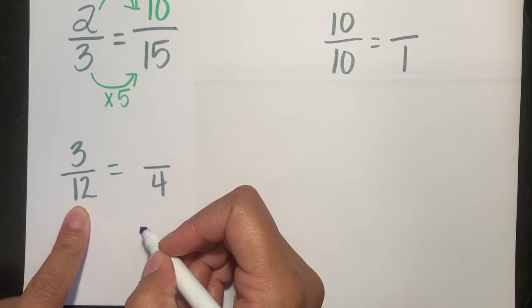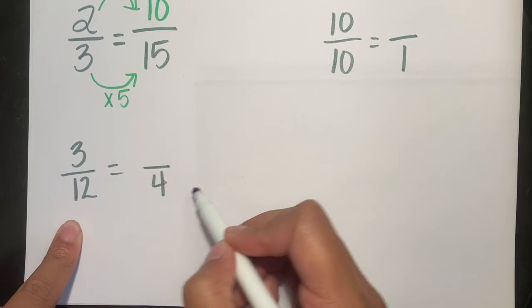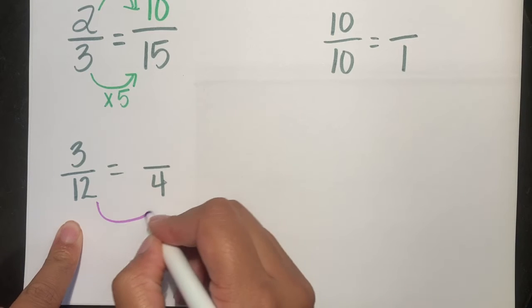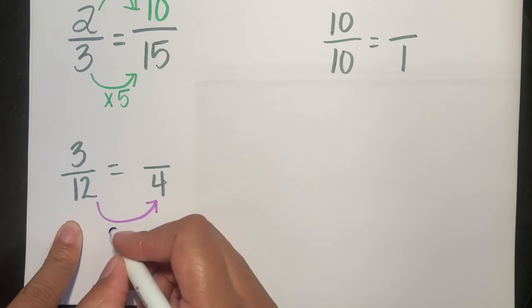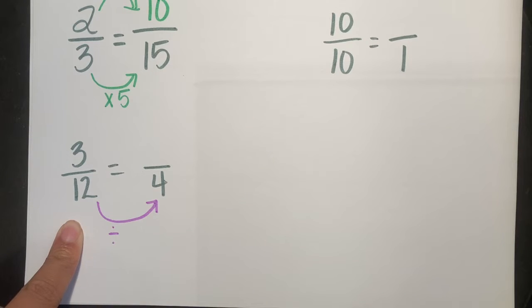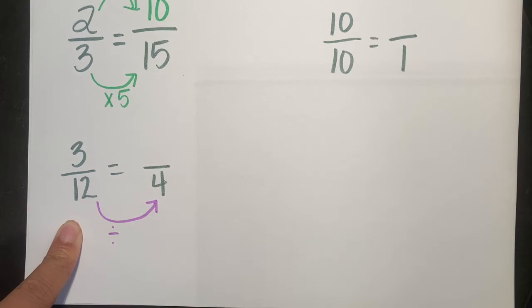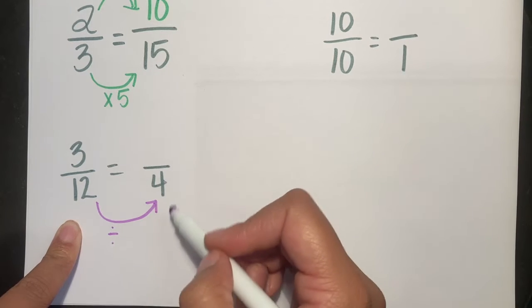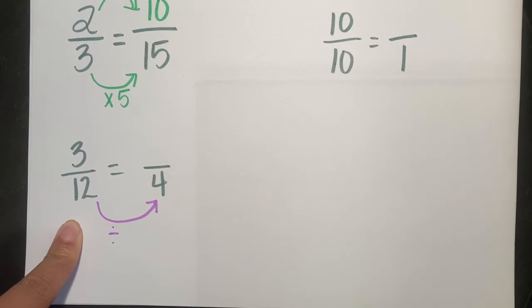So looking here, if I'm going to go from 12, this denominator of 12, to a denominator of 4, that means I'm getting smaller, so I'll know I'll be dividing. I could think 12 divided by what is 4, or I could go the reverse way and say 4 times what would give me 12.